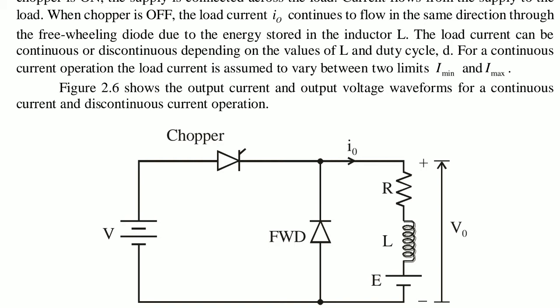That means the current IO, which continues to flow in the forward direction, will pass through the freewheeling diode due to the inductor L.